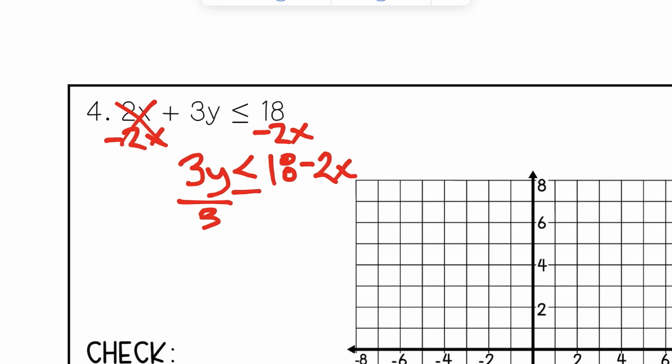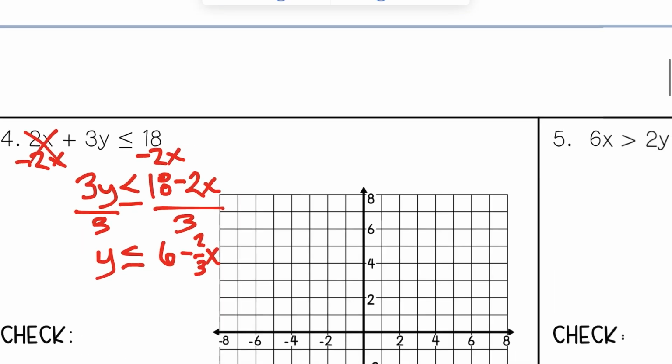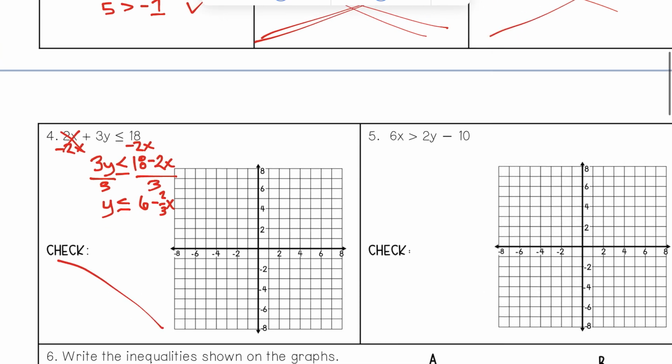Then divide by 3 to get y by itself. Y is less than or equal to 18 divided by 3 is 6 minus 2/3 x. Okay, ignore the check part, we're not doing that.